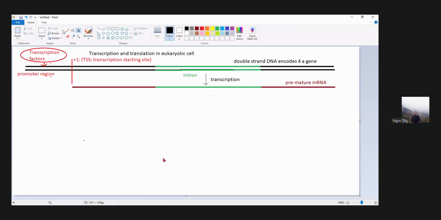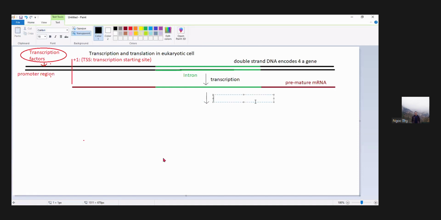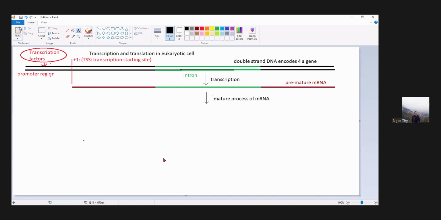And the premature mRNA will go through a process to become mature mRNA, with the intron removed, or splicing, and the 5' cap put here.